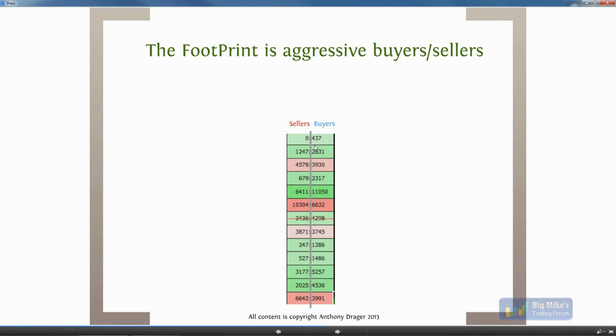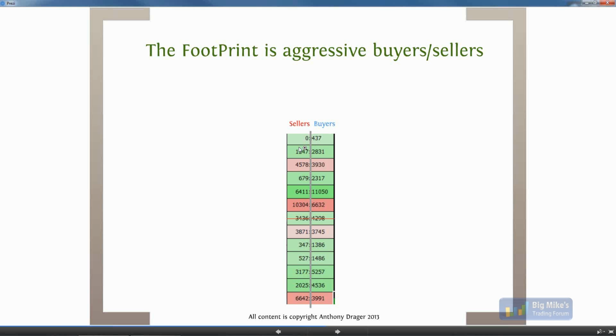So when Mike comes in to buy at whatever price he wants, and if in this case the price is 03 even offer, and he does it for 437 contracts, that's when it would show up on the right-hand side of this footprint. If he sold 1,247 contracts at the price lower, it's going to show up on the left side. So the footprint always gets split into 2, with aggressive buyers on the right and aggressive sellers on the left.